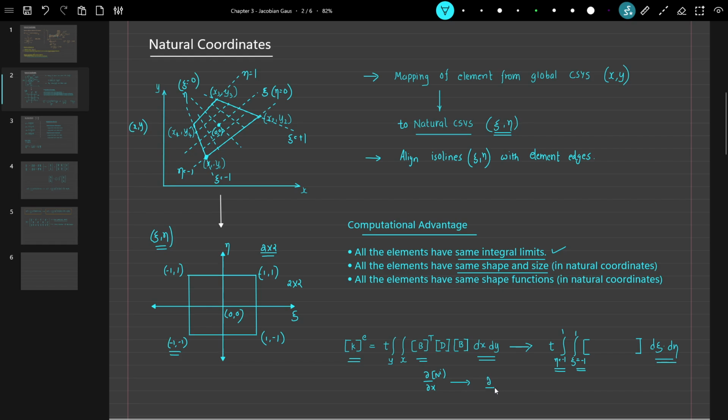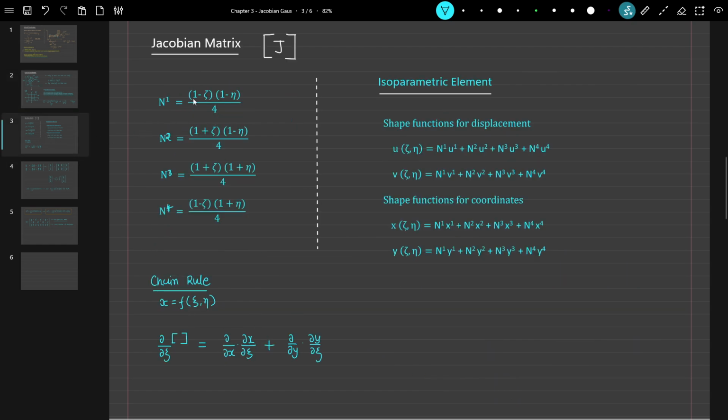Okay, so B should have partial derivatives with respect to zeta and eta space. So these are our shape functions, because B has terms of shape functions. They are partial derivatives of shape functions, and this we need to transform. Okay, so let's see. So here the concept of the Jacobian matrix comes.